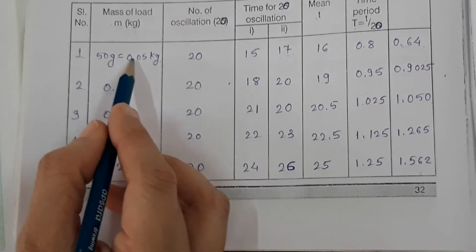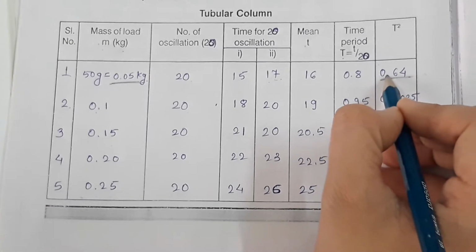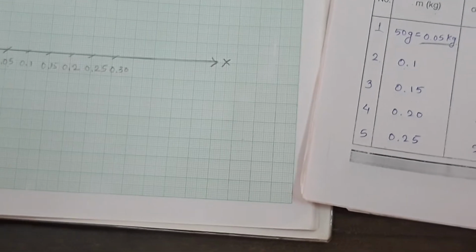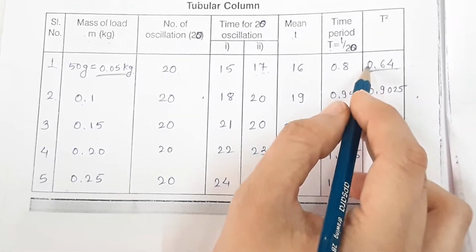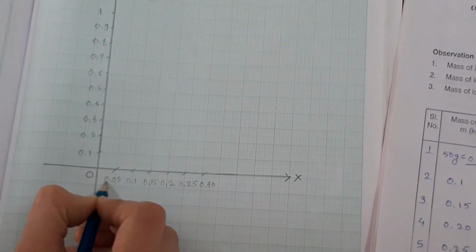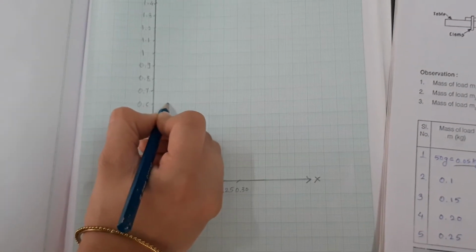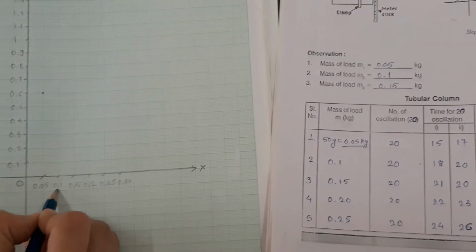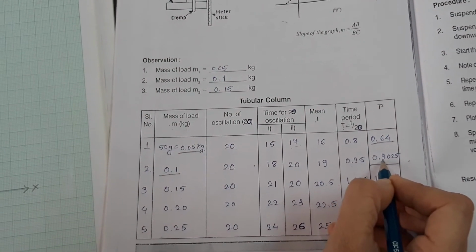Next, see the first value 0.05. For 0.05 we have got the T square as 0.64. So I will write this 0.05, 0.6. Only one value will consider, that is more than enough. So it is 0.6. 0.6 is here. So along x-axis this value and along y-axis this value. So we have to consider this point. Next term we'll take 0.1. This is our 0.1. For 0.1 we have got the value as 0.9.